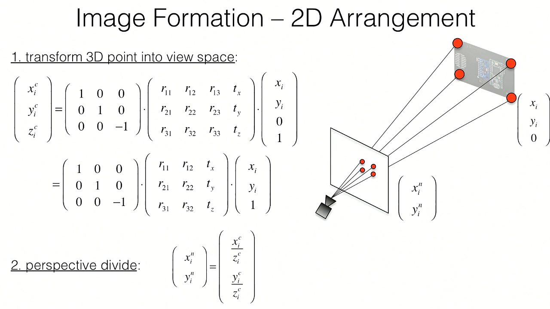And the fact that the z-coordinate of all these local coordinates is 0 basically cancels out the third column of this matrix, and we end up with a matrix that has 3x3 unknown elements that transforms our 2D coordinates into the camera space, or into this normalized device coordinate space. We still need to do the perspective divide, and that is the division by the z-coordinate here on the bottom.